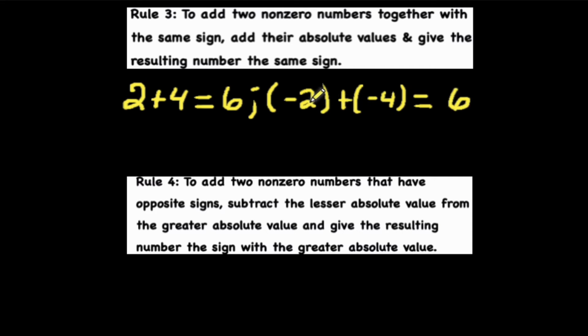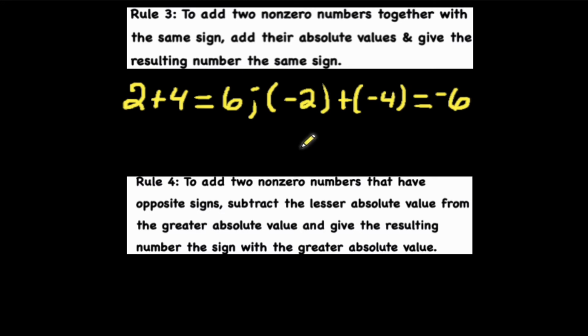However, if you notice, they both have a negative sign, so that means our answer is also going to be negative, okay? An easy way to look at this is that when you are adding a negative with another negative, your answer is going to yield a negative result. So that's all that really means.